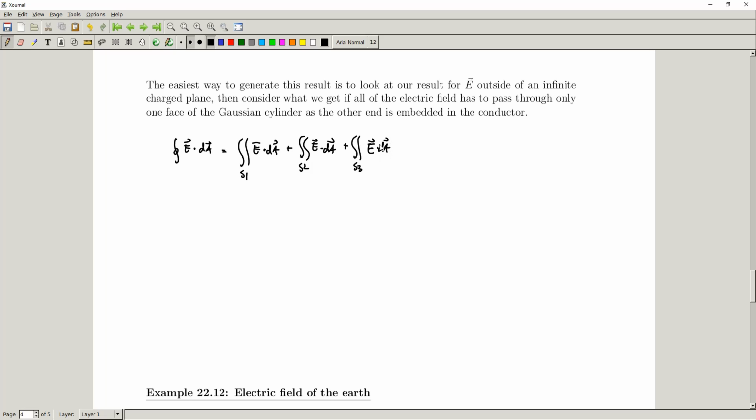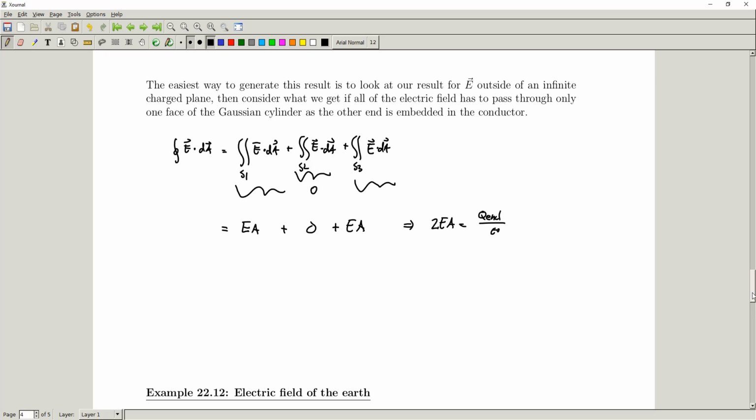I'm not going to go over the whole thing again, but we saw that this section was going to end up being 0 because dA was perpendicular to E. And we had to count basically this section twice because these were both equal, right? So when we did the integral, it was EA plus 0 from this thing plus EA, and so we ended up with 2EA equal to the charge enclosed over epsilon naught.